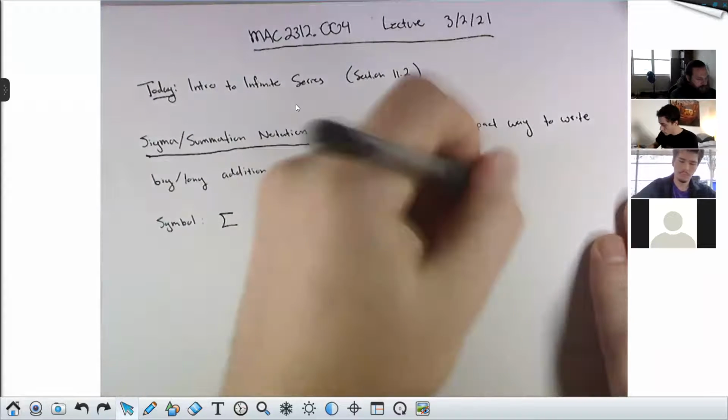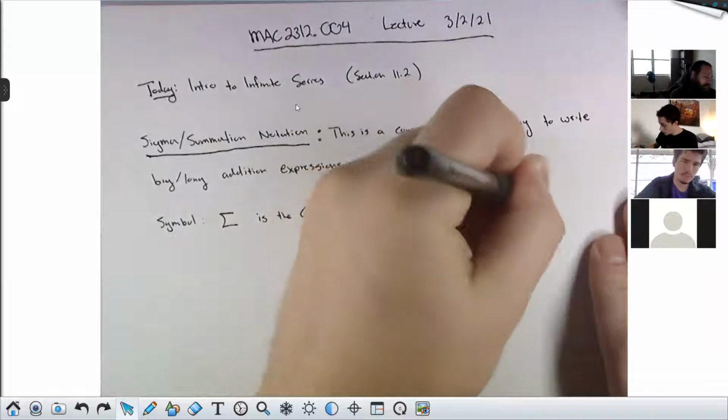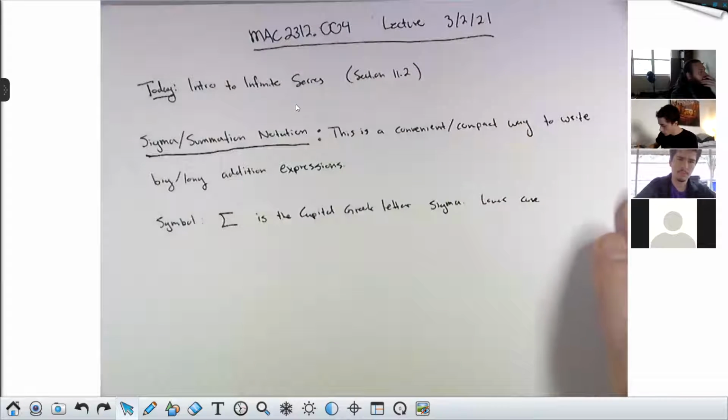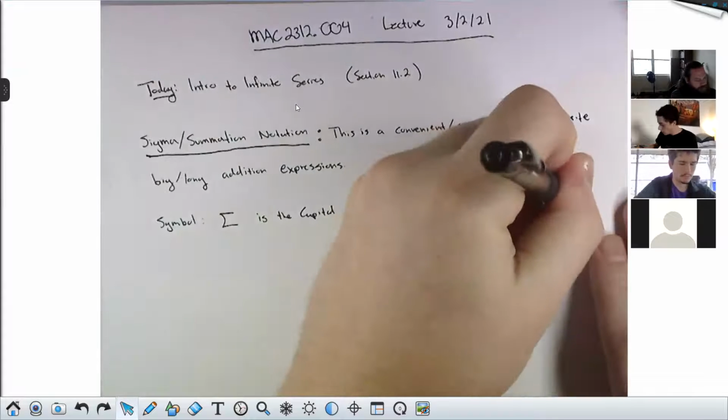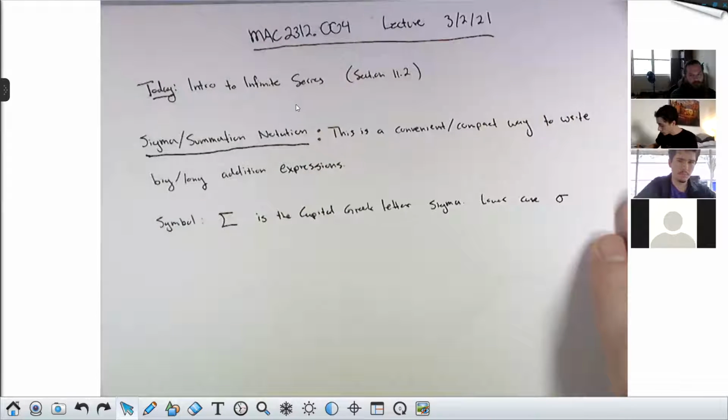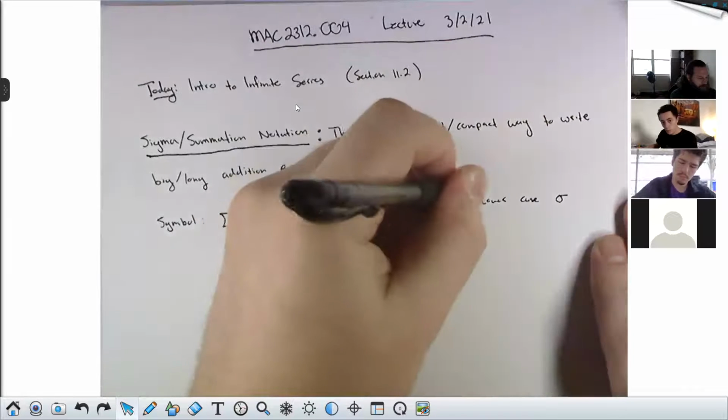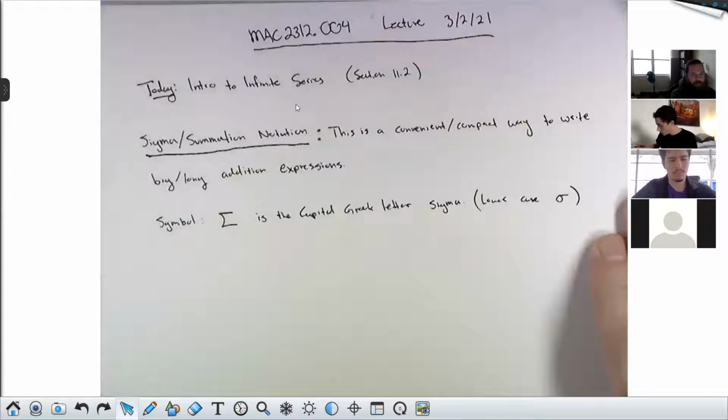The lowercase version of this, oh, now I forget what lowercase sigma looks like. Oh yeah, it's like this. We're not ever going to use lowercase sigma, but we will use capital sigma.